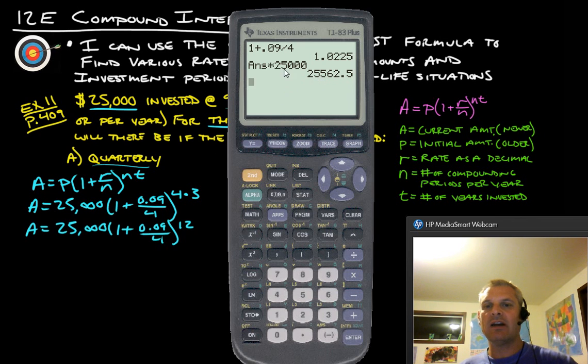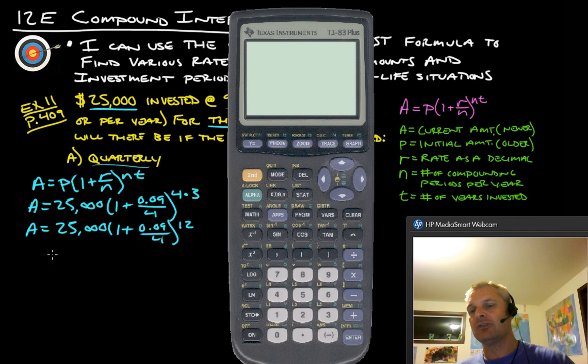So you take the $25,000 and multiply it by 1.0225, and now instead of 25,000, you now have $25,562.50. Okay? Sorry, I'm just trying to explain everything as to what this stands for. I figure you have a lot better chance of doing well on this if you understand what you're calculating.